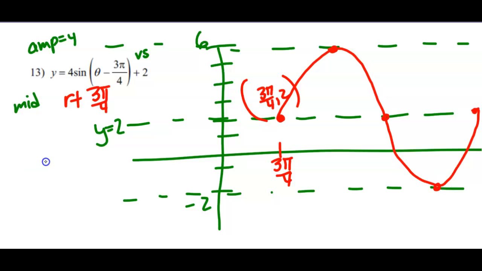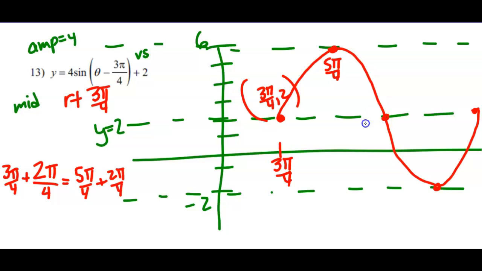Okay, we're in pretty good shape because the period is 2 pi. We had a phase shift of 3 pi over 4. We're supposed to add the period divided by 4. So the next one is 5 over 4. And then we're supposed to add another period divided by 4, and another, and another.